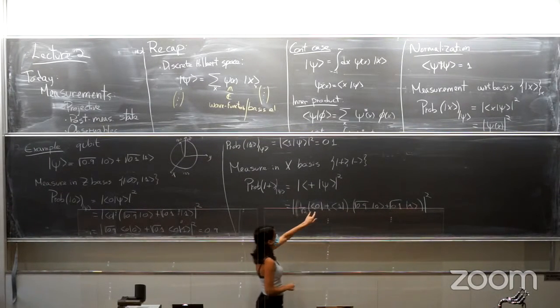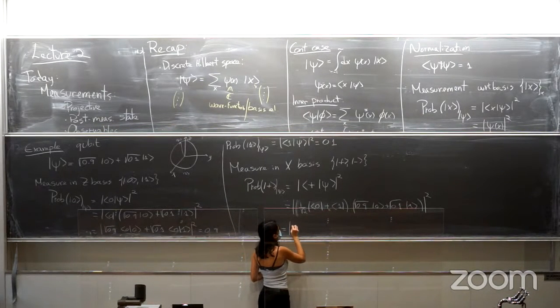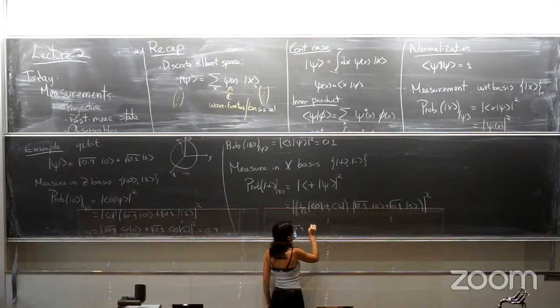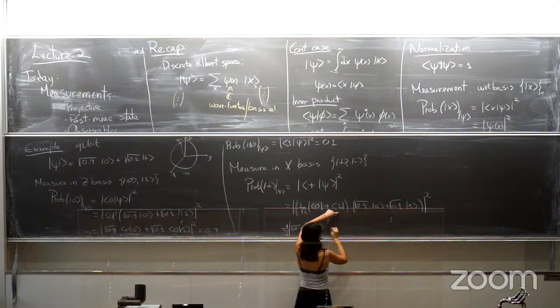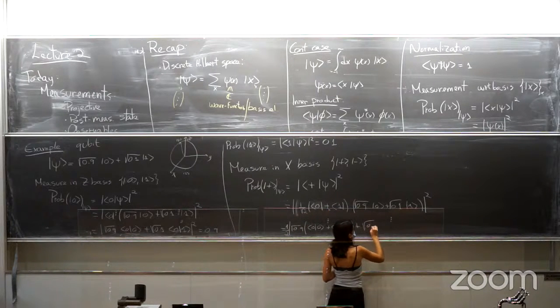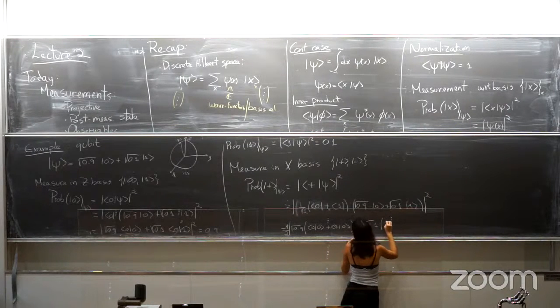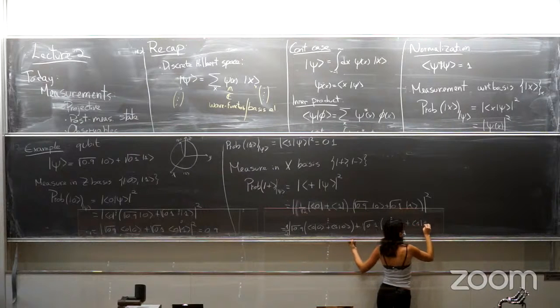Now we're going to have four inner products, so I'll just expand them. This 1 over square root of 2 is multiplying everything, so it can come outside. So you just have 1/2 of all this inside. So we have 0.9 <0|0> plus <1|0> plus 0.1 <0|1> plus <1|1>.